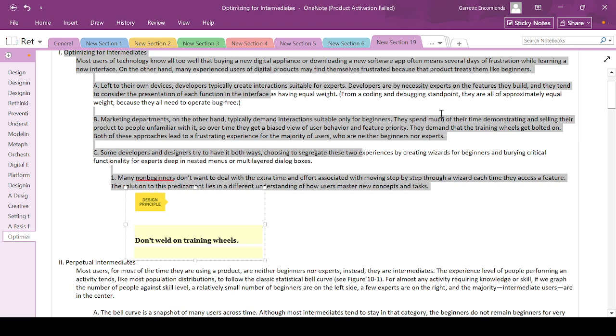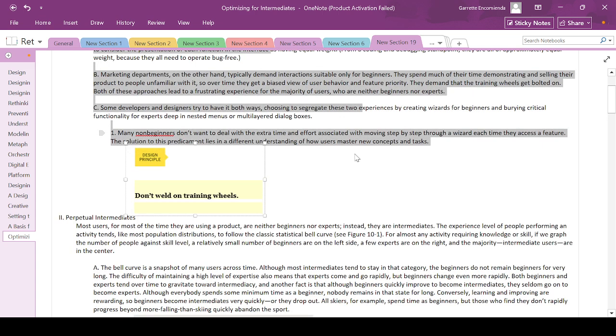Marketing departments, on the other hand, typically demand interactions suitable only for beginners. They spend much of their time demonstrating and selling their product to people unfamiliar with it. So over time, they get a skewed view of user behavior and feature priorities, and it becomes their habit.